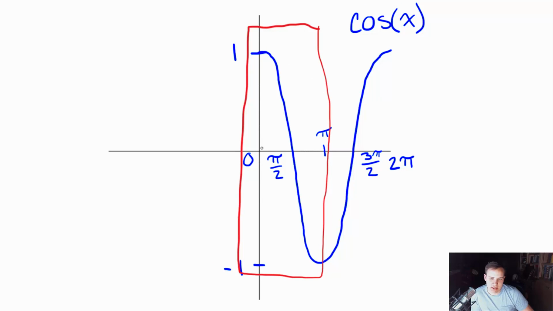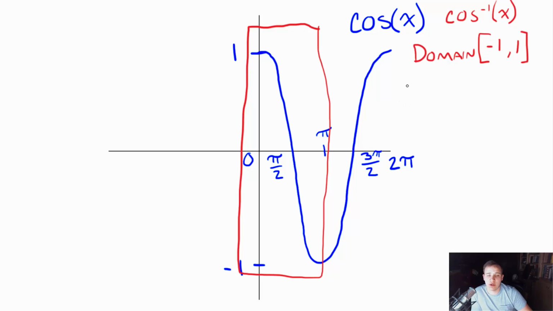So this means that the domain, for the inverse of cosine, so for arccosine of x, the domain is going to be -1 to 1.